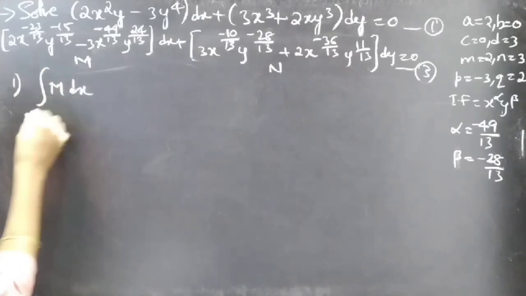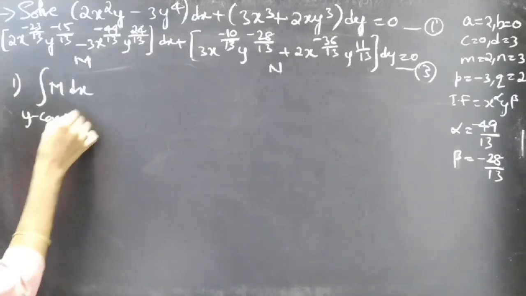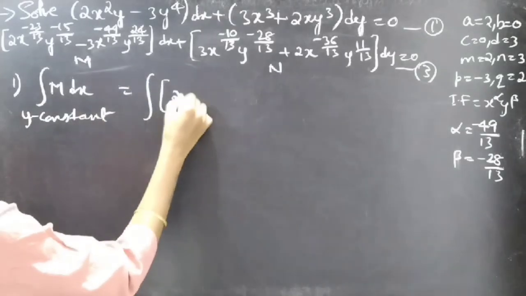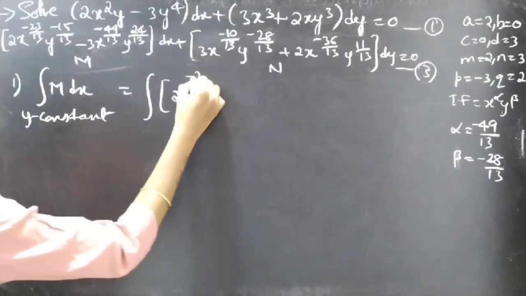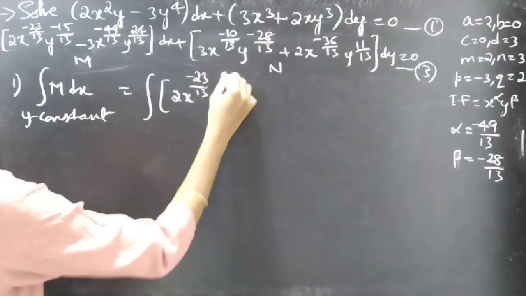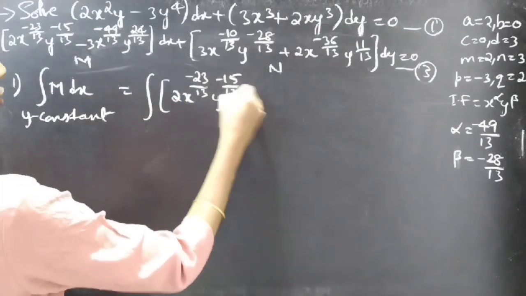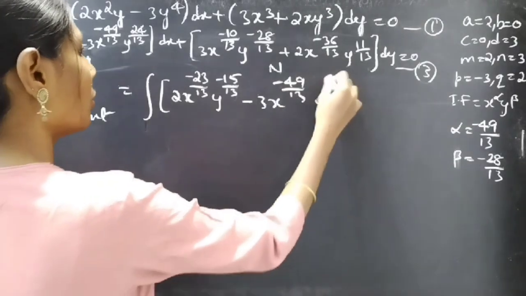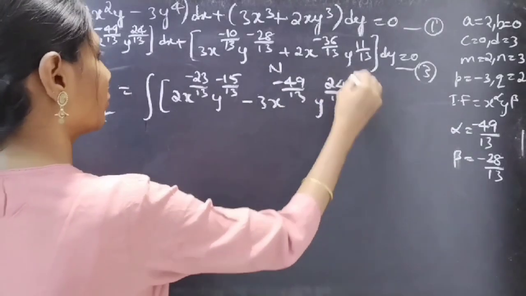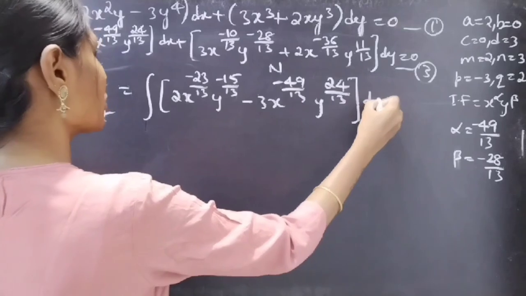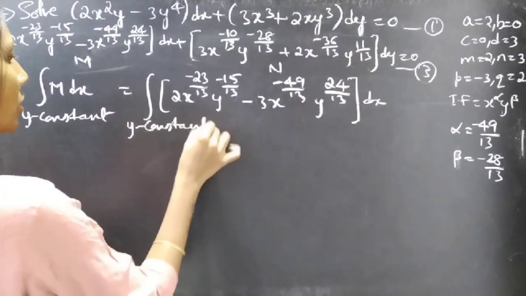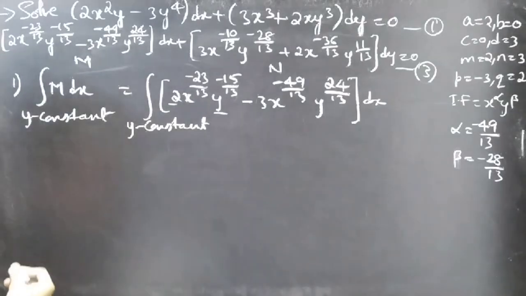Integral m dx treating y as constant equal to integral for m equal to 2x power minus 23 by 13 y power minus 15 by 13 minus 3x power minus 49 by 13 y power 24 by 13 into dx. Here we should treat y as constant. In the first term 2 y power minus 15 by 13 is constant.